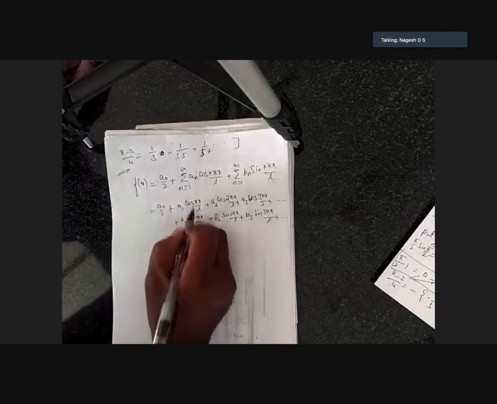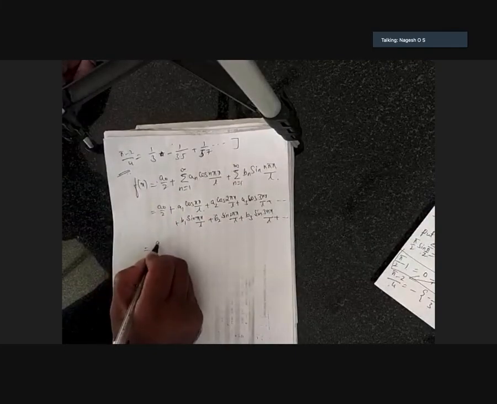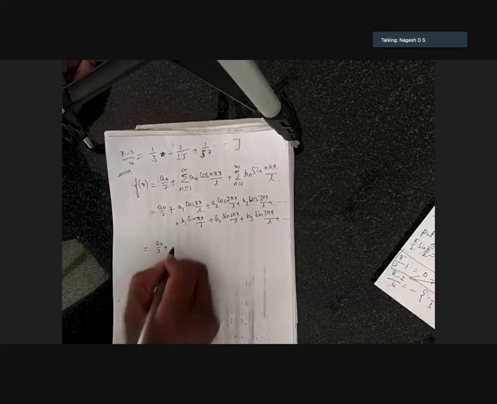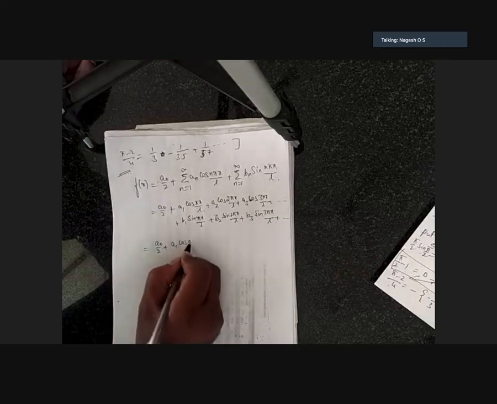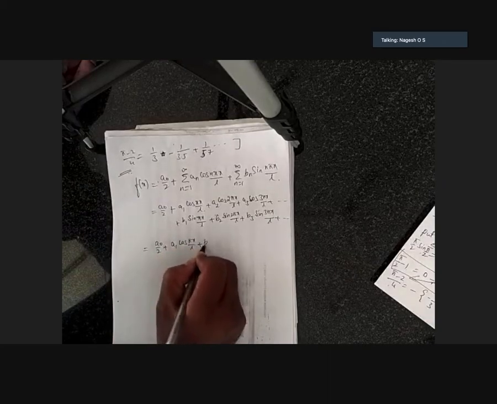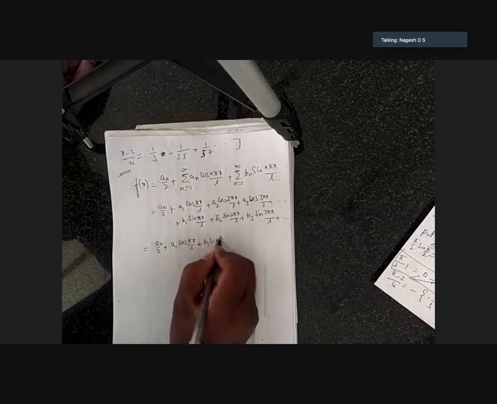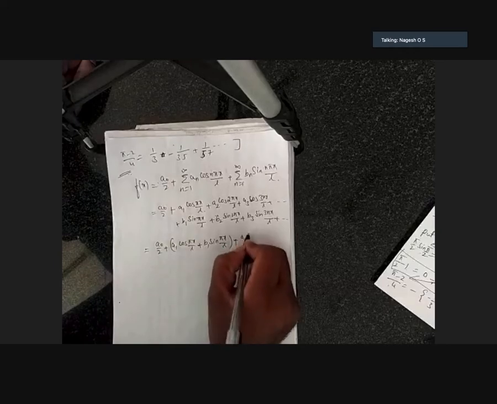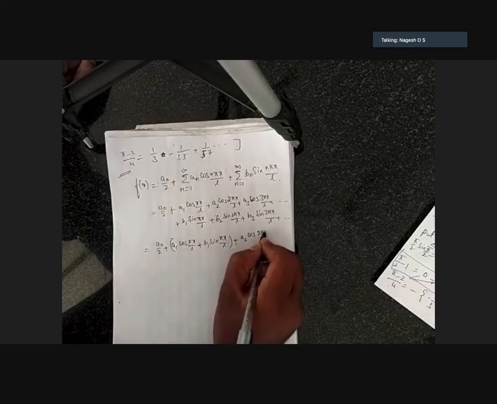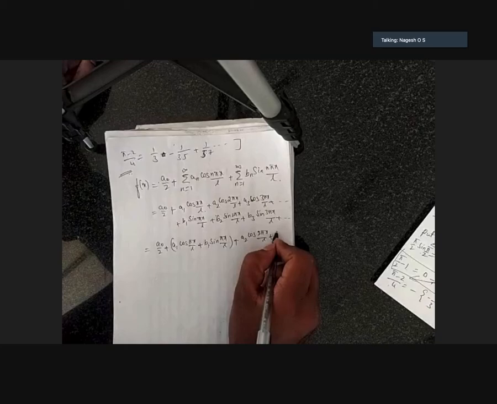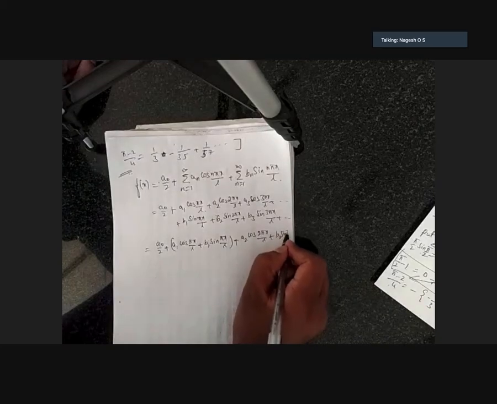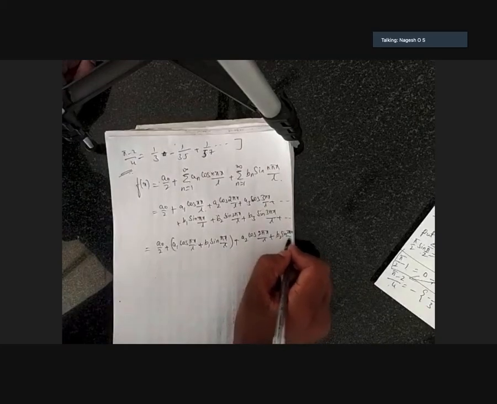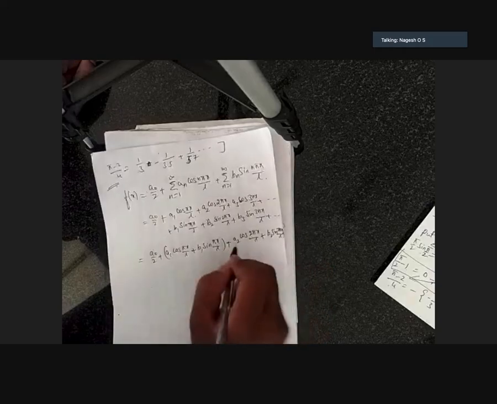Okay, I will group these two terms. A0 by 2 plus A1 cos pi x by L plus B1 sin pi x by L plus A2 cos 2 pi x by L plus B2 sin 2 pi x by L. This is one group.